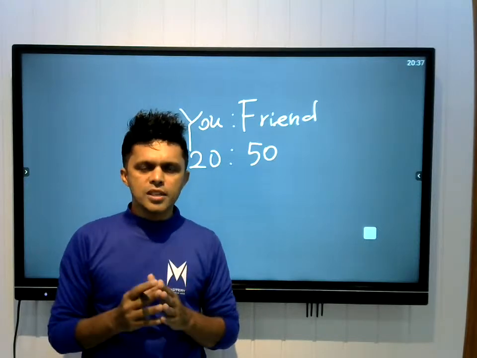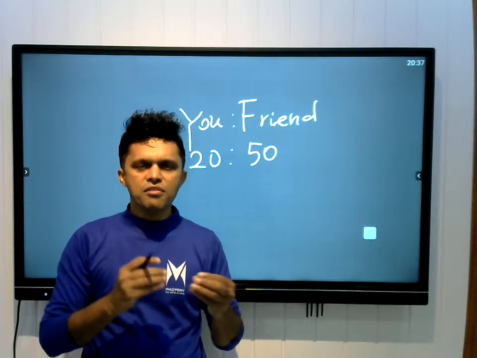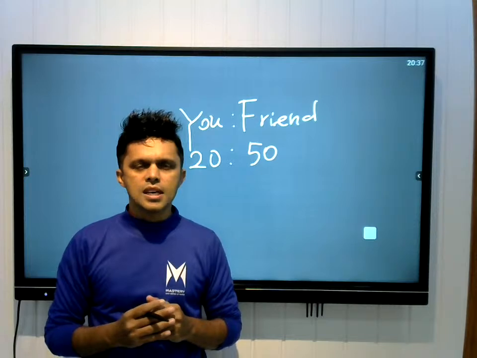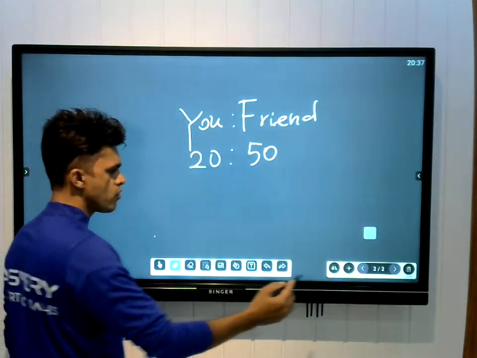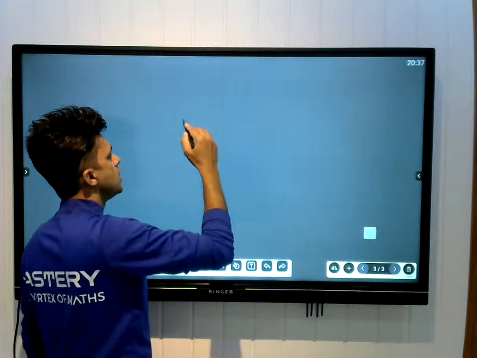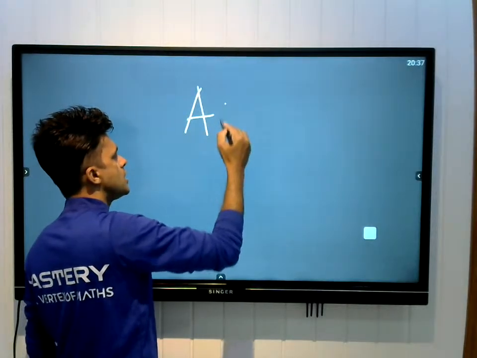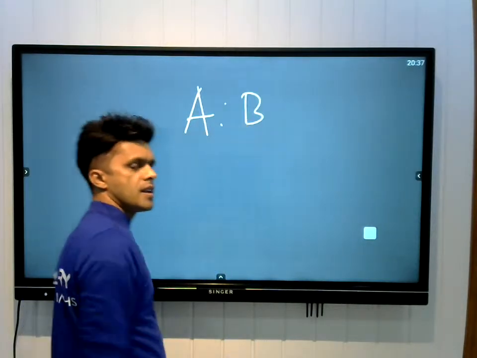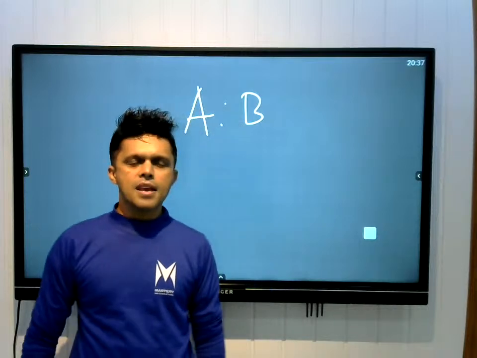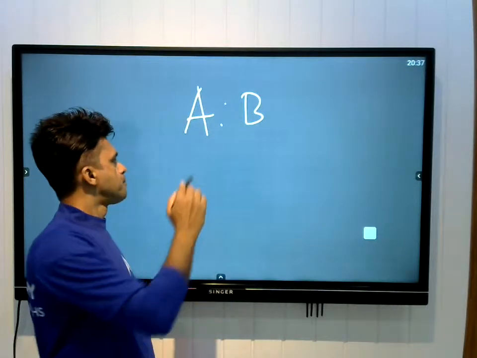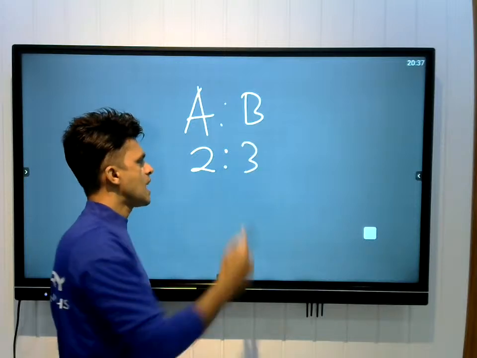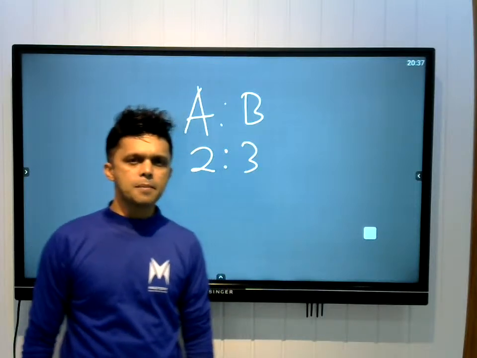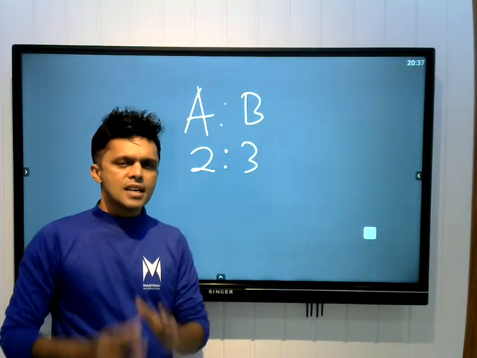Now we are going to learn the way of mentioning ratios, which means how you can read this type of one. A certain amount of money is divided between A and B in a ratio. Say A is given 2 rupees, B is given 3 rupees.